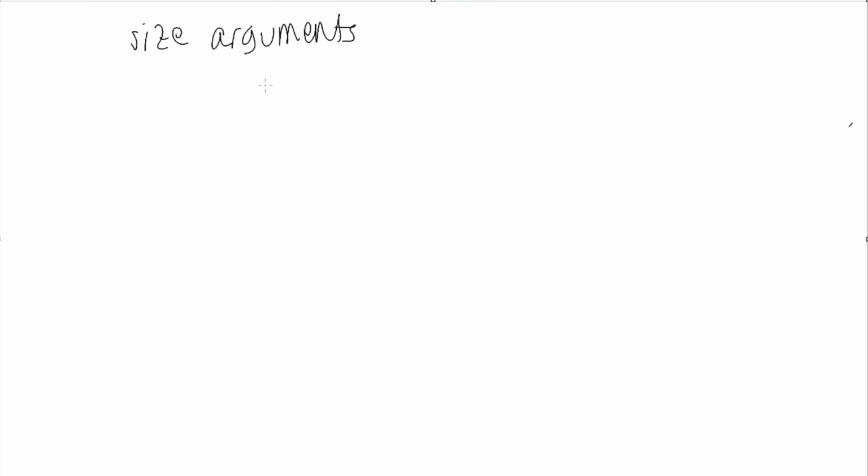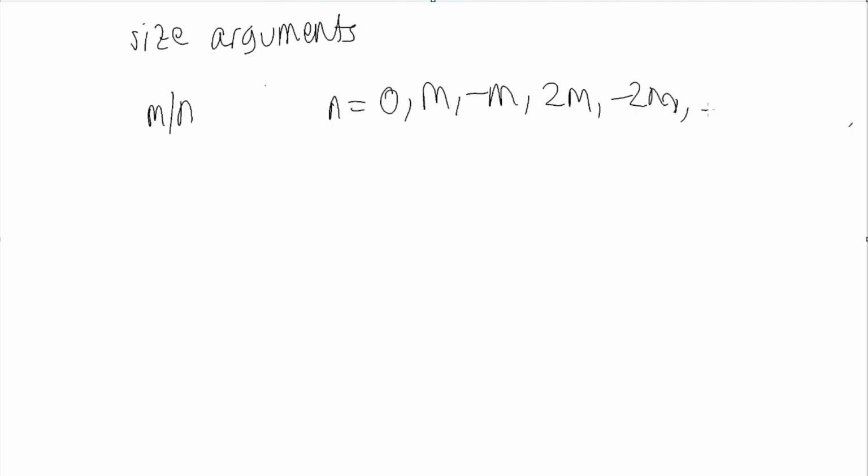So first of all, suppose that m divides n. Then what can we say? Well, we know that n can be one of the multiples of m, of course. So it can be something like 0, m, negative m, 2m, negative 2m, and so on and so forth. Now, if we're looking at size, then this 0 case doesn't seem to be relevant much.